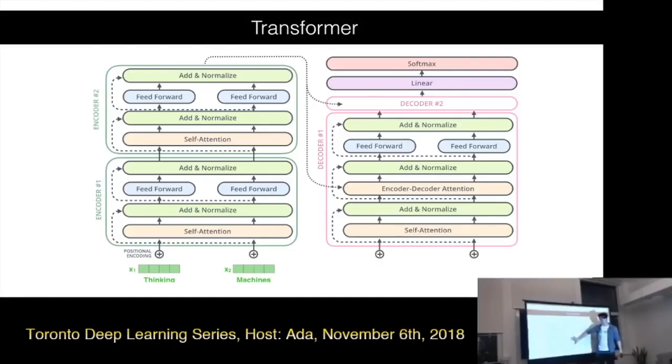And you do this for however many encoders you have. As you see here, we've done away completely with recurrent layers and convolutional layers. All we need is this encoder self-attention layer and a straightforward feed-forward layer.